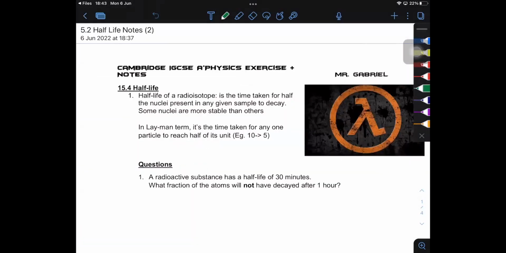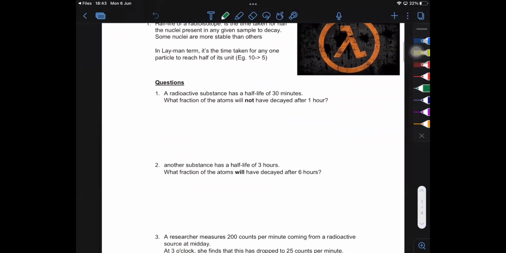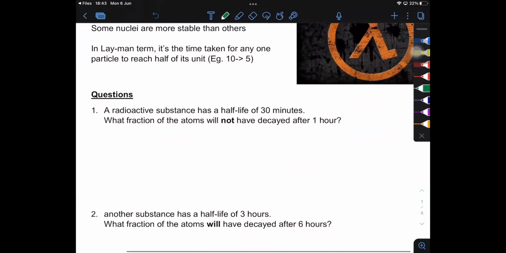Okay, let's do the first question together, guys, and I want you to attempt questions 2 and 3 yourself. If you look at this first question here, which is definitely not an IGCSE question, it's just for understanding. It says that a substance has a half-life of 30 minutes. What fraction of the atoms will not have decayed after 1 hour?